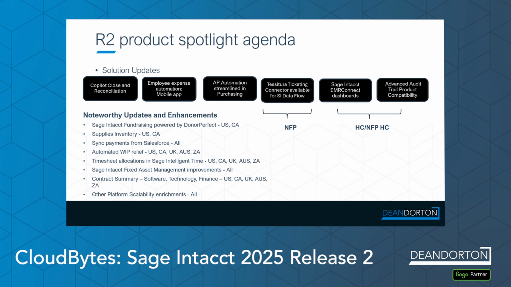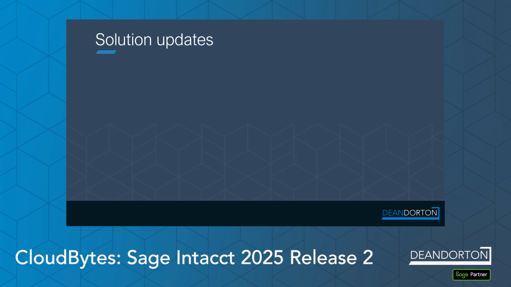As a long-time Intacct partner going back to 2011, I sometimes have to remember that we're talking about other countries all over the world where Intacct is now a very prevalent software solution. So some of these things apply in some regions and some of these things don't. A very good summarization slide here that Nikki put together for us. So let's jump into what's going on.